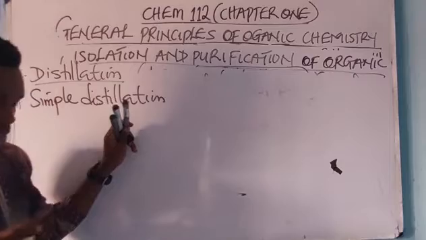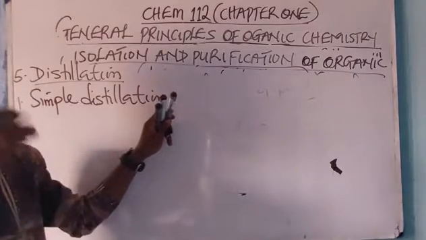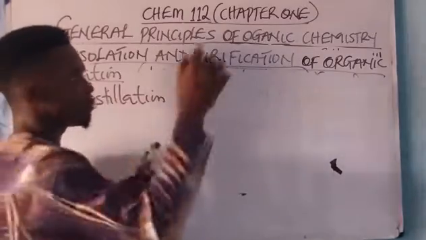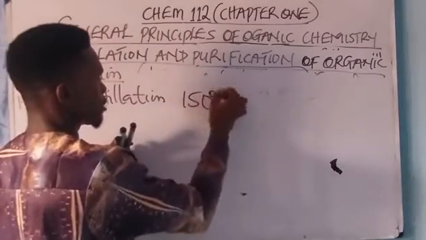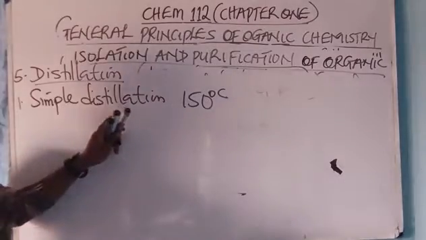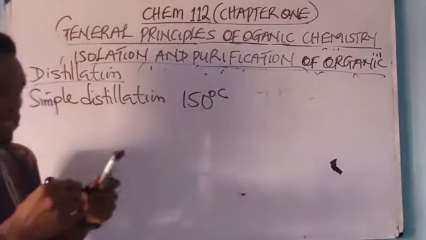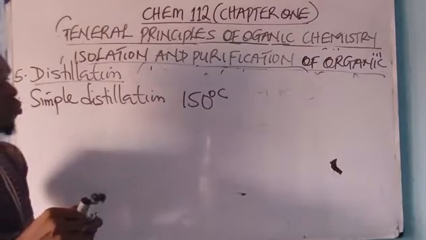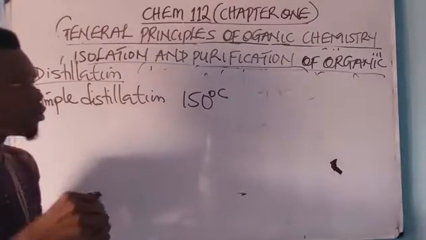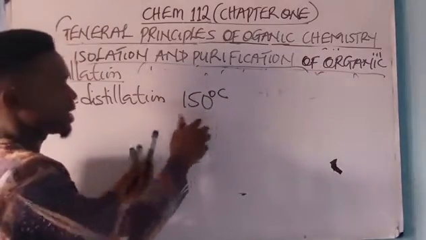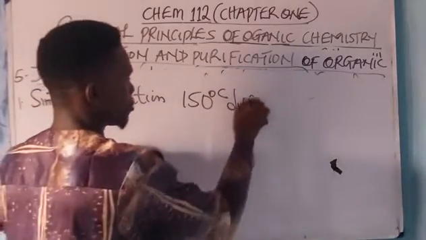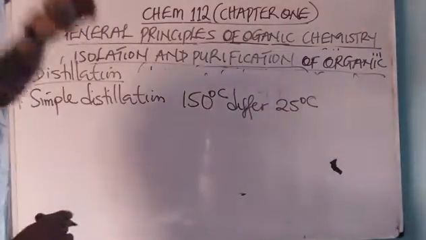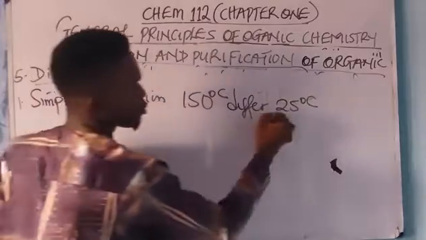Simple distillation is used to separate two or more liquids whose temperature is below or above 150 degrees Celsius and differ by 25 degrees Celsius, which means that their temperature difference is 25.